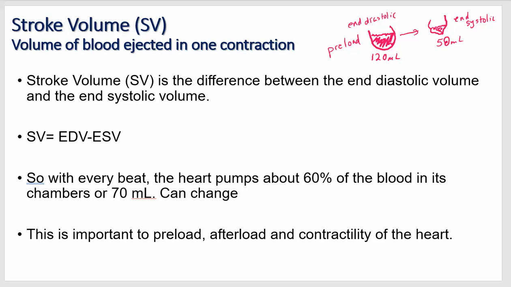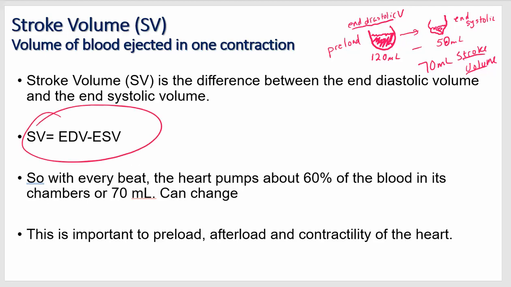So how much blood did it squeeze out? 120 minus 50. So it squeezed out 70 milliliters. That's how much it squeezed out in one stroke. So end diastolic volume minus the end systolic volume is going to be your stroke volume. That's what this equation is.